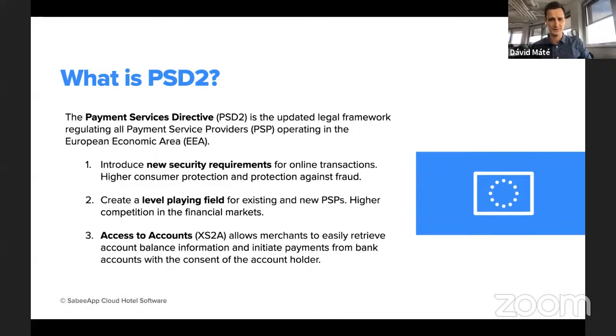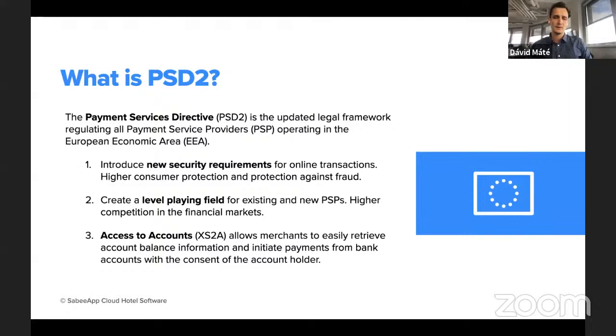Payment service providers are basically third parties helping merchants to complete transactions. So these can be banks, fintech companies who essentially connect hotels, for example, to a broader financial environment, being able to make transactions.